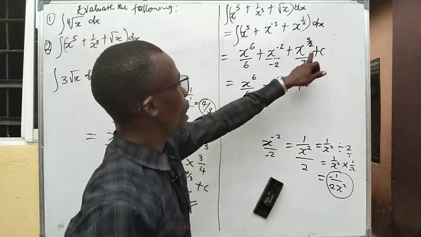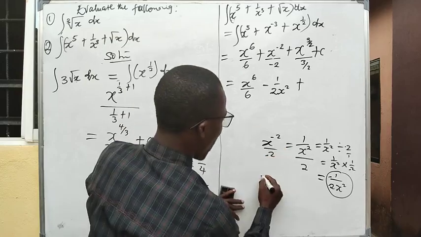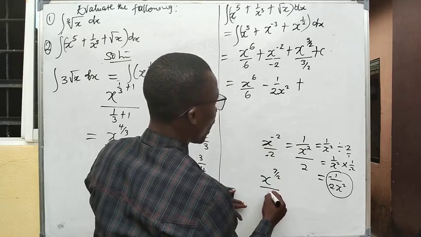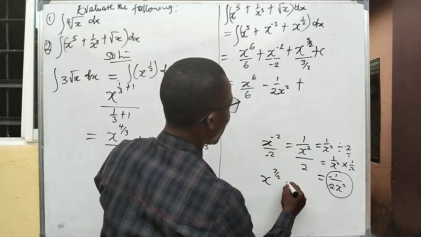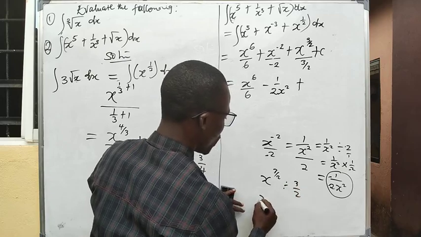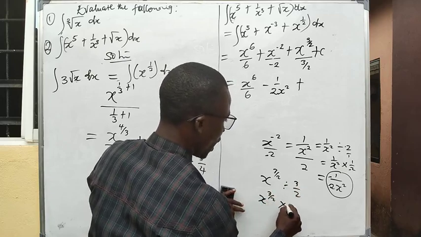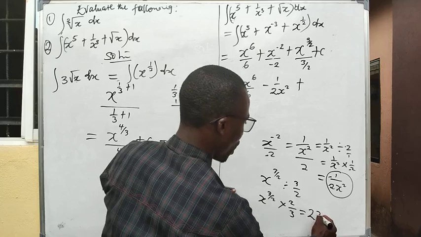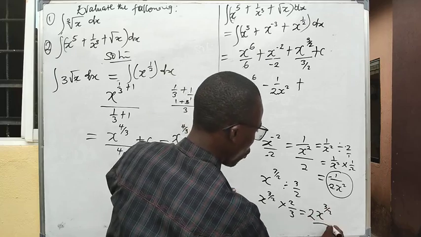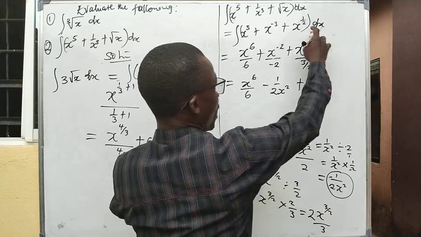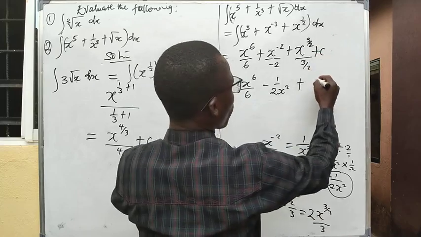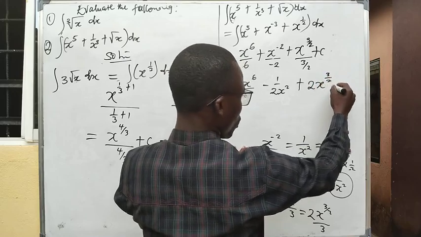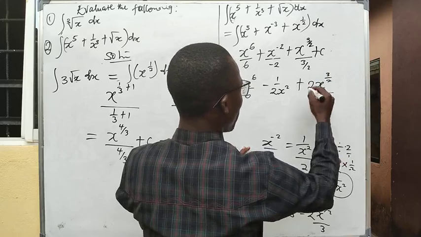Now here we also have x raised to power 3 over 2 all over, or we say divided by 3 over 2, which means x raised to power 3 over 2 times 2 over 3. So this will give us 2 times x, which gives 2x raised to power 3 over 2, then over 3.